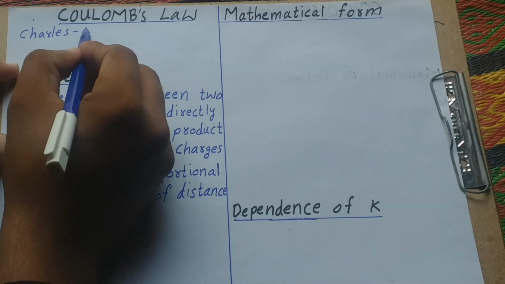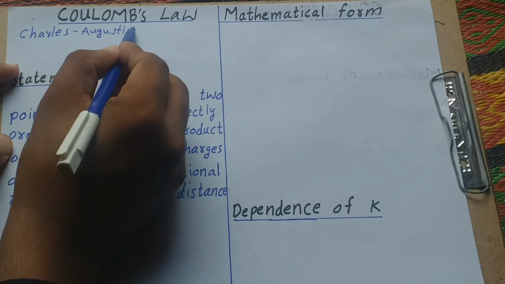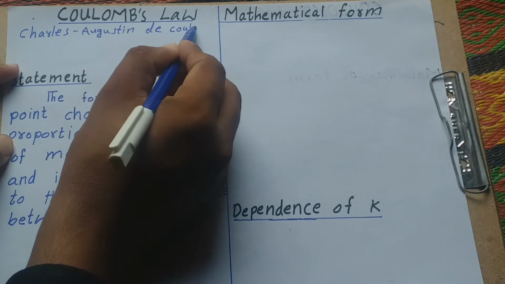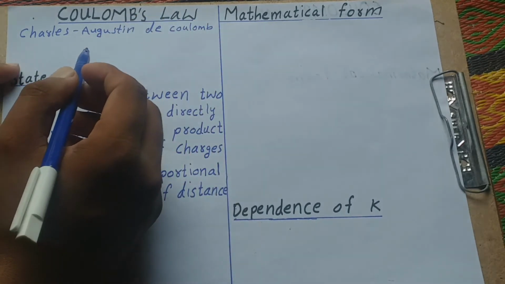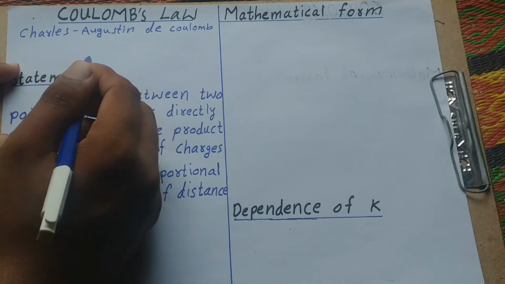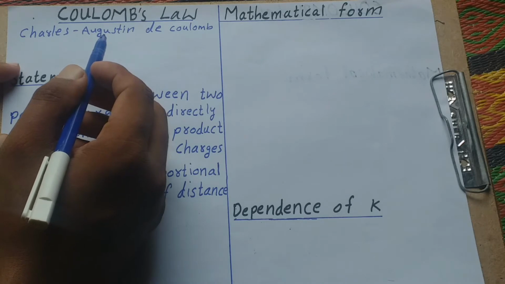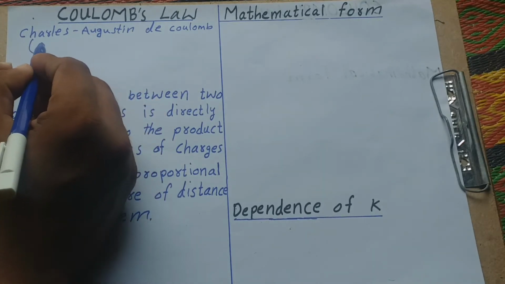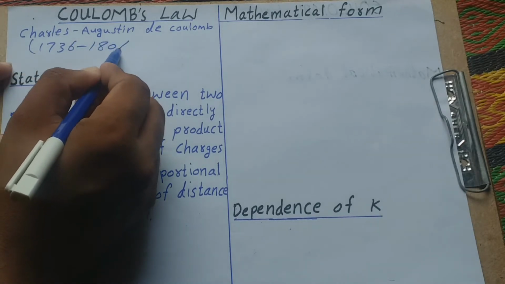Charles Augustus D. Coulomb was the scientist, and also a French military engineer and physicist, 1736 to 1806.